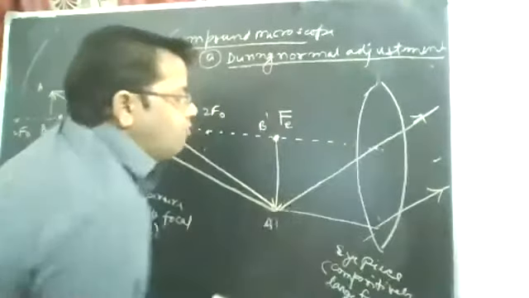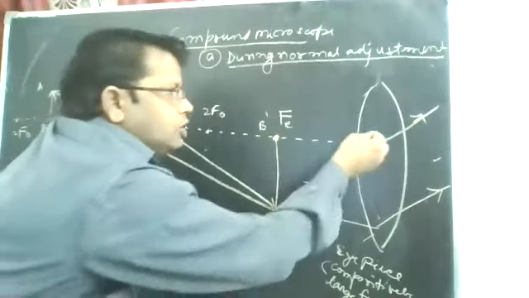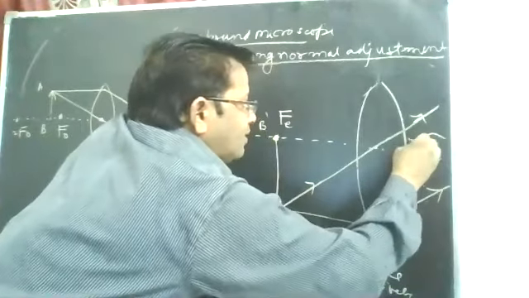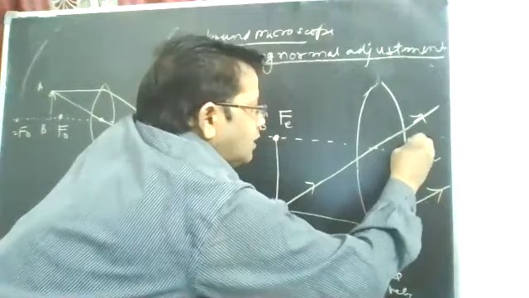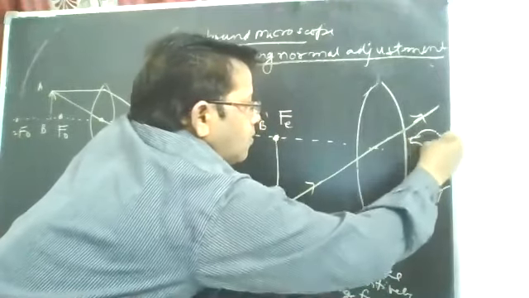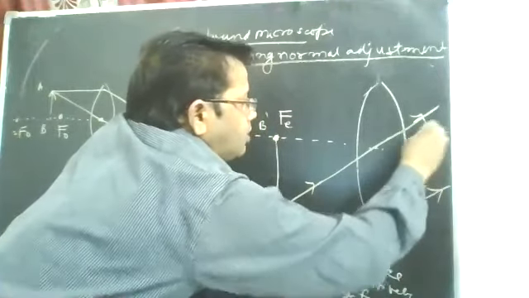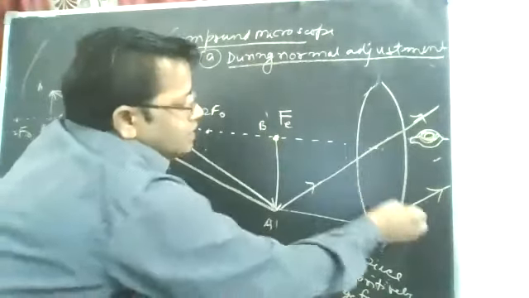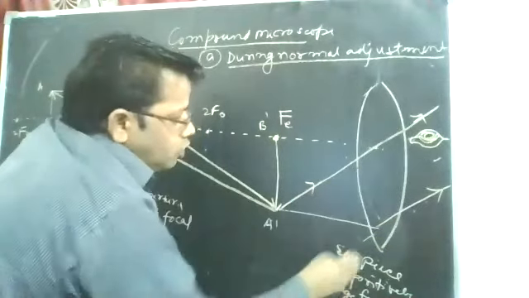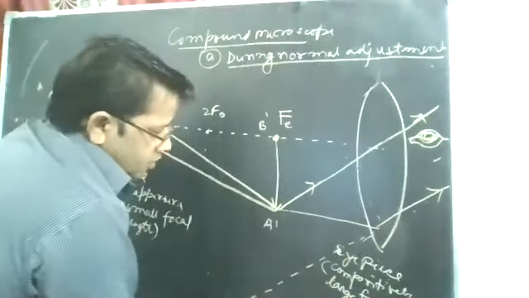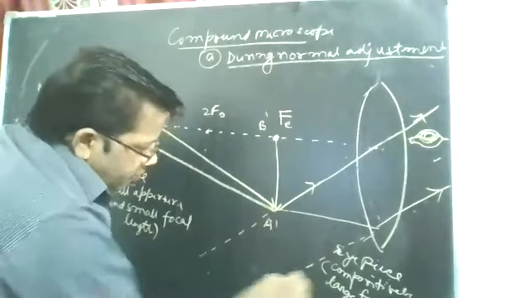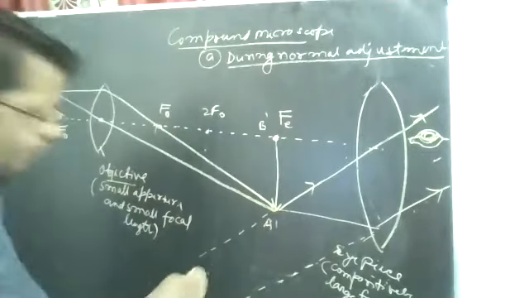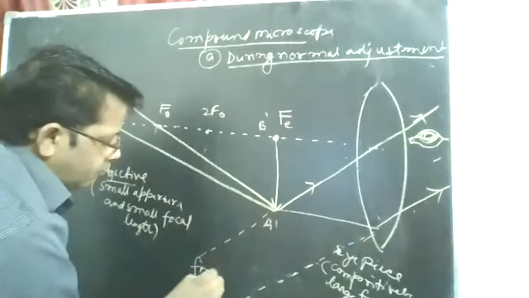This is the eyepiece lens because you are keeping your eyes here, and from here you observe the final image. Inside your eyes, these two rays come parallel, so you will see the final image at infinity.